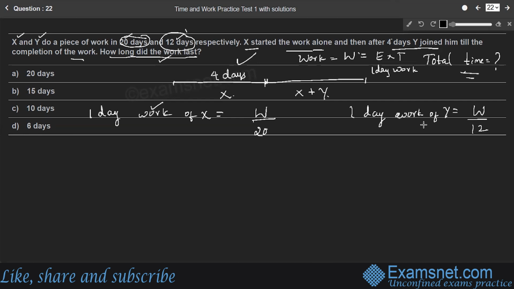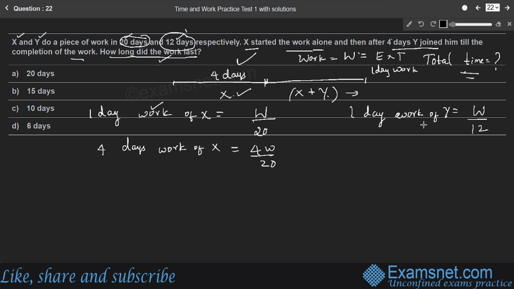X started the work alone. So for the first 4 days, X does his work. Therefore, 4 days work of X becomes 4W by 20. And here after 4 days, X and Y continue their work.